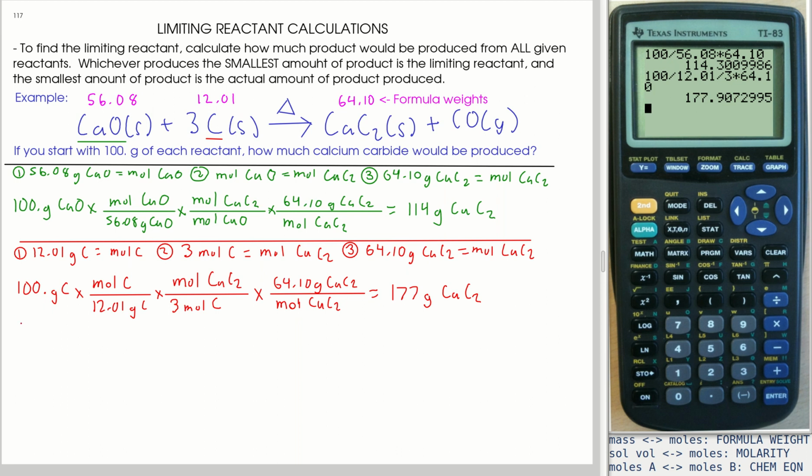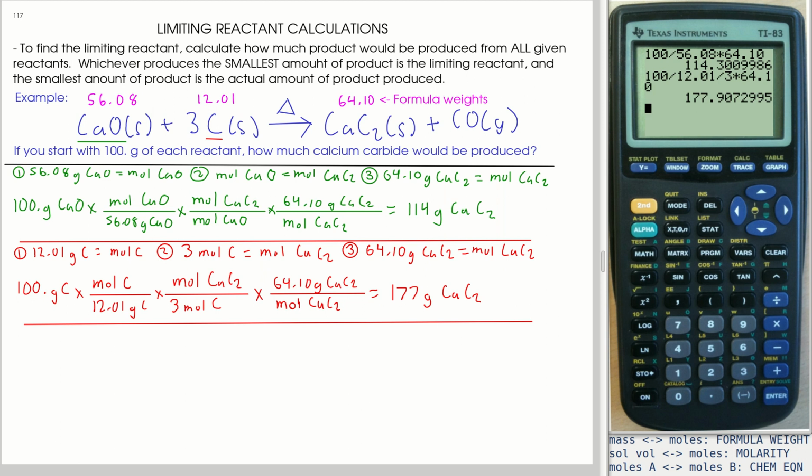The thing is, these reactants don't react separately, so we don't get the correct answer by adding these two answers together. What we have to do is remember that they're reacting at the same time. So you start the reaction with 100 grams of each reactant. After a while, you've made some calcium carbide. Let's say 25 grams of calcium carbide. The reaction's still going.